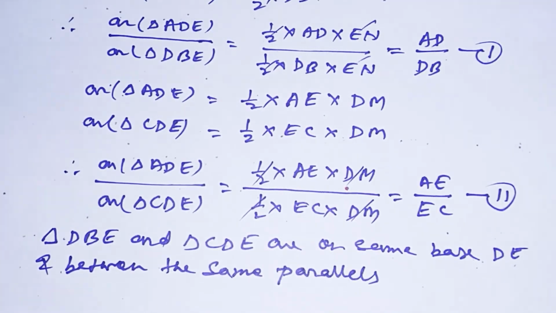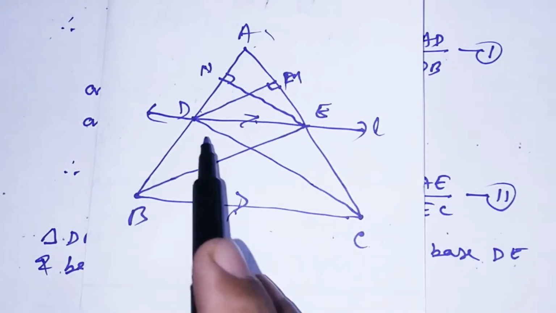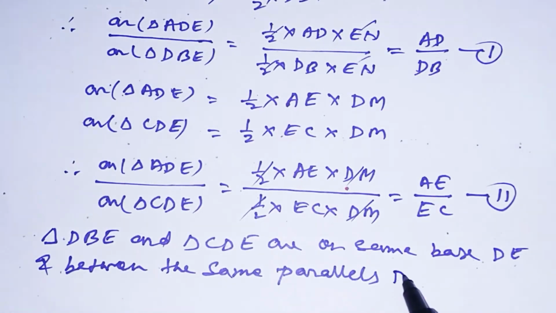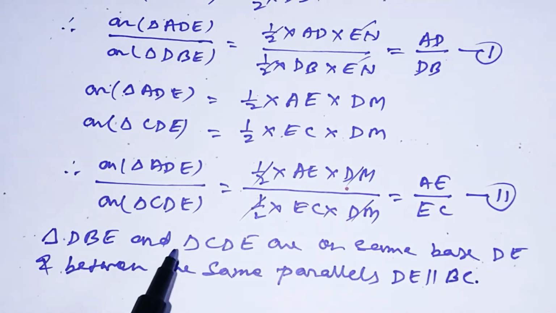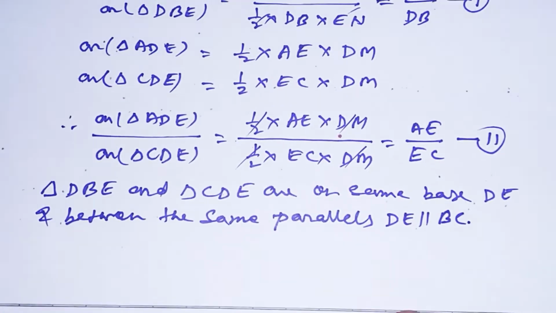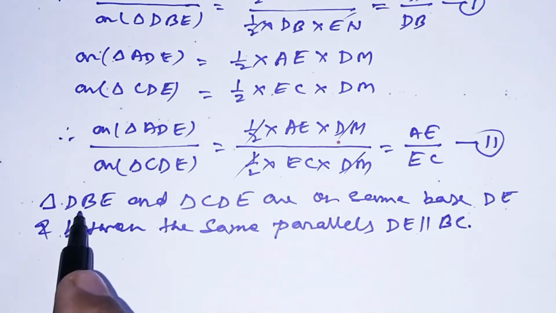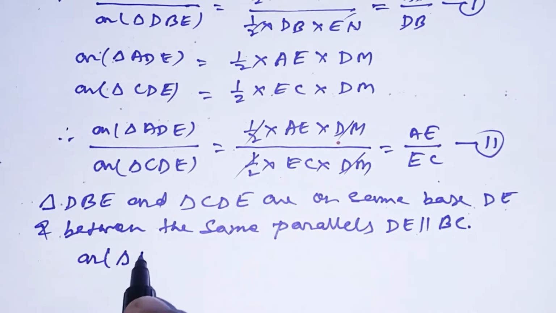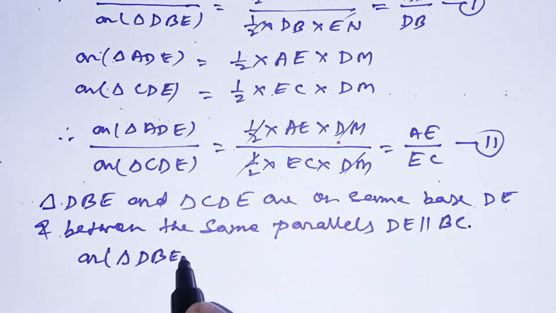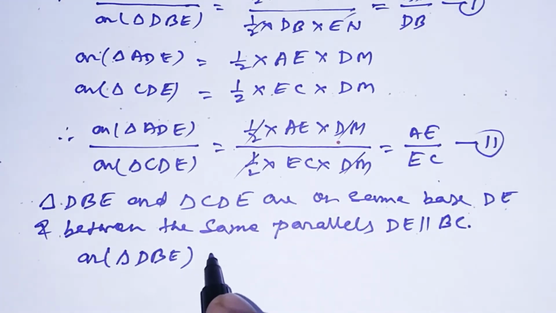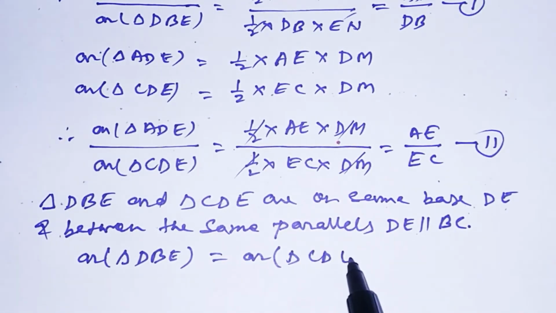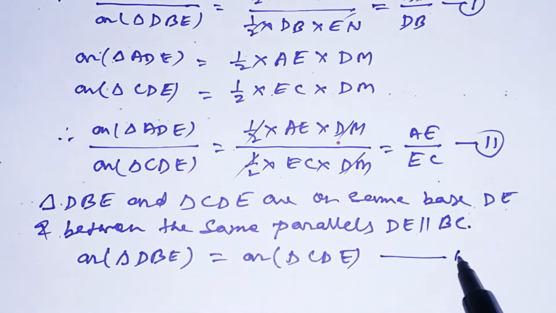What are the parallel lines? Parallel is DE parallel to BC. So according to that theorem, we can easily write that the area of this triangle is equal to the area of this triangle. So area of triangle DBE is equal to area of triangle CDE. This is your third equation.